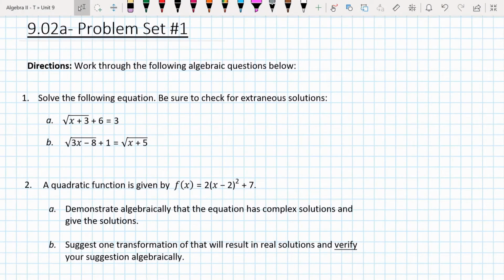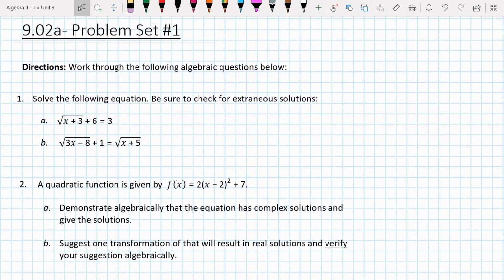Okay, problem set 1. So we're going to go through two questions here. One is going to be covering radical functions, and then the second one is going to be covering quadratic functions. The first question, we want to solve the following radical functions. So here we have a radical equation written down, and we want to solve this for x.